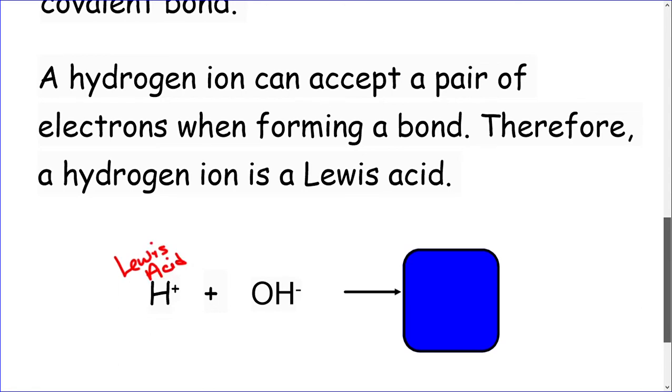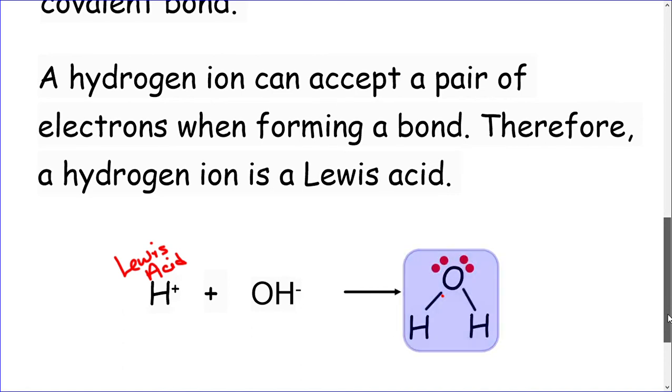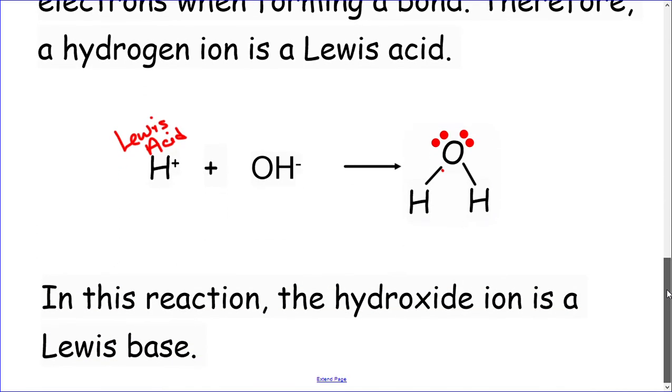And the ones that can donate that pair of electrons would end up being our Lewis base. When these combine together, we know this is going to form water, so we have our H2O that's built out from there. So in this reaction, the hydroxide ion is also known as our Lewis base.